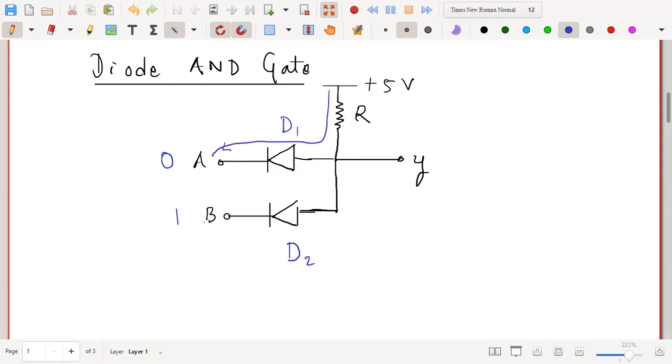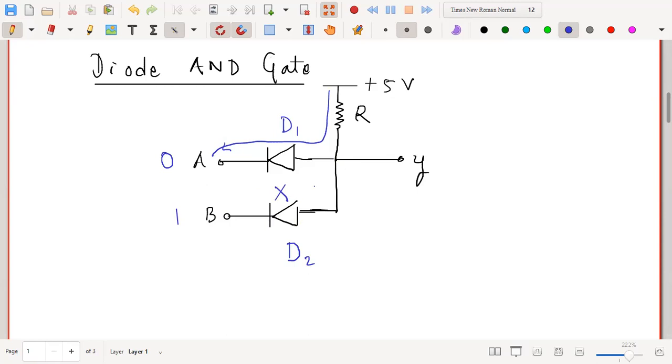Okay. However, at the point B, you see here, I am giving 1 volt. That means some positive potential is given to the N side of the diode. Remember, this is the N side of the diode. So that means the diode D2 is reverse bias. Current cannot flow through this diode, the diode D2.